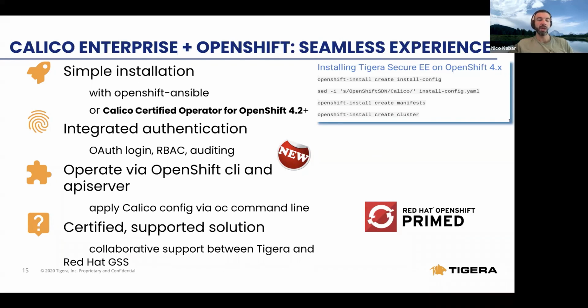And of course, the RBAC is all tied into your existing RBAC for auth of OpenShift itself. And you can continue using your favorite kubectl or oc command line for operating or managing all things related to Calico within your OpenShift environment.